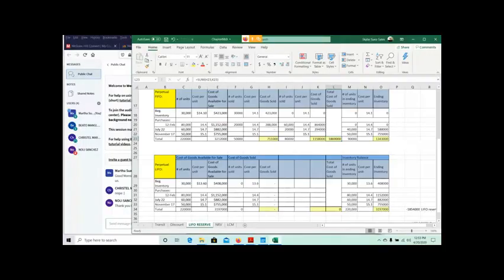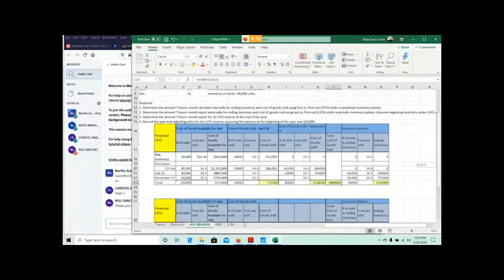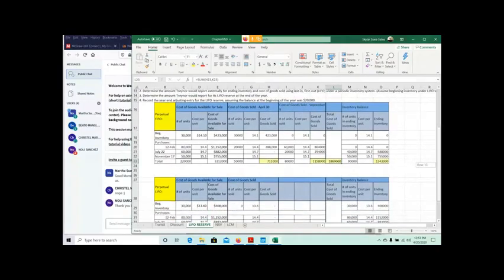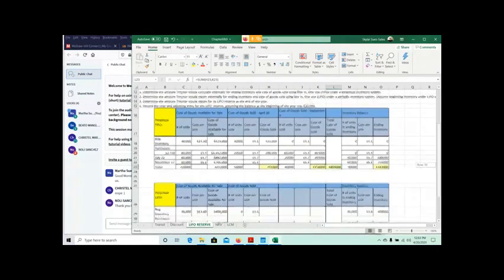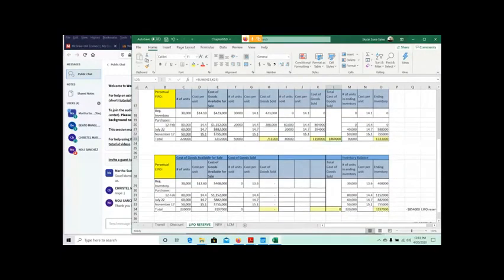So we had initially 50,000. Last in, first out. The 50,000 was in April. Oh, okay. And LIFO is periodic, right? LIFO is periodic and FIFO was perpetual. So for periodic, we don't really have to know when it was sold.